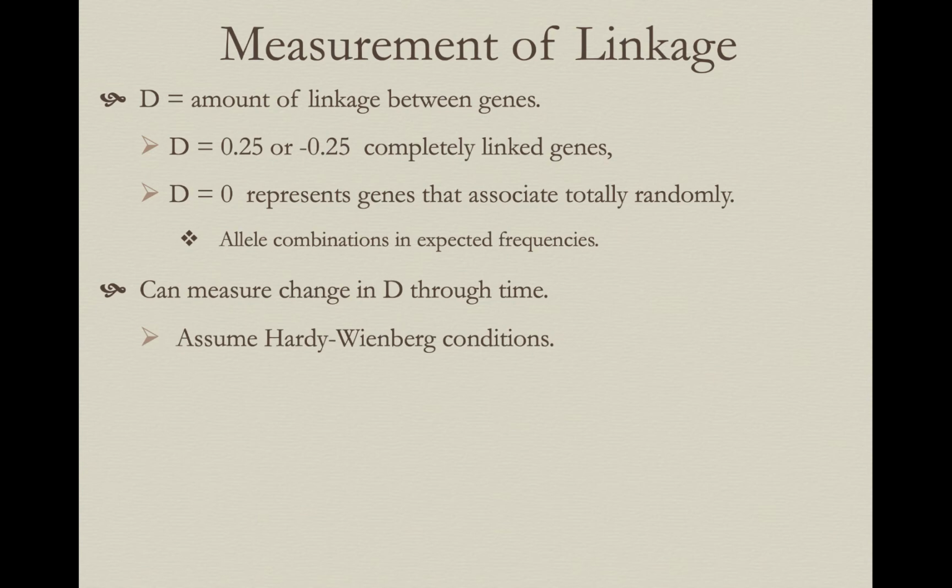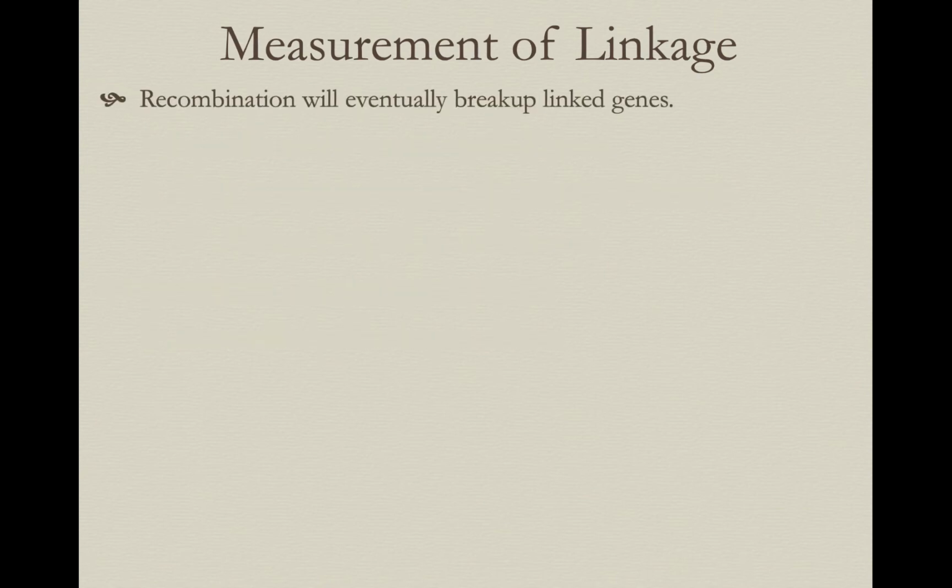So we can track changes in D through time, assuming Hardy-Weinberg conditions. So no selection, no genetic drift, no gene flow, random mating, no mutations. So what is going to control the pace of changes in D? Well, that's going to be all associated with the rate of recombination and the probability of recombination breaking up linked genes.